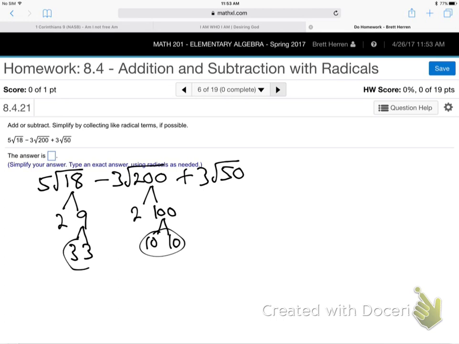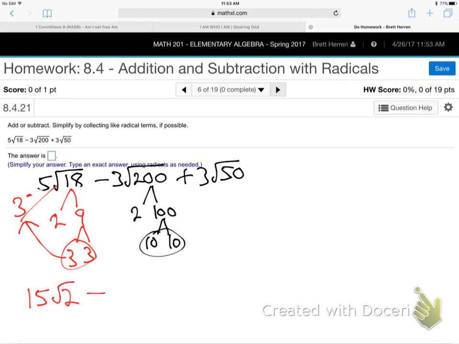So the two 3s in, 1 3 out. That's 15 roots of 2. 2 10s in, 1 10 out. 10 times 3 is 30 roots of 2.